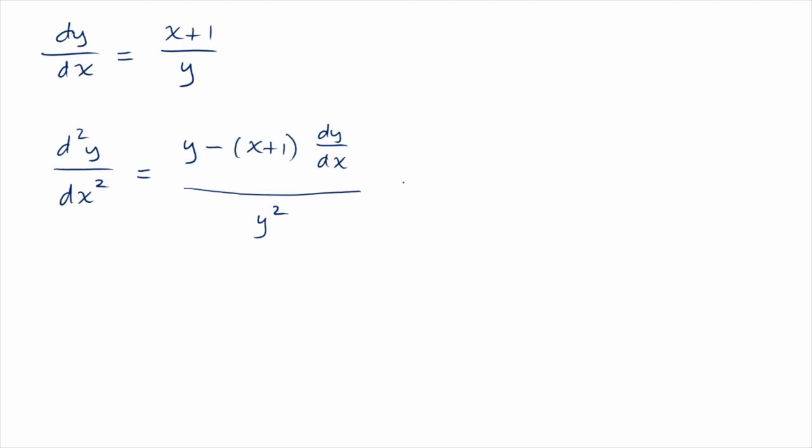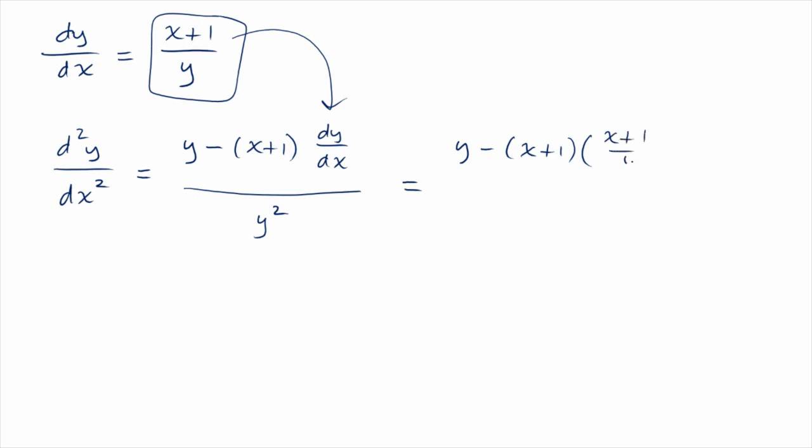Now we'll make a substitution. We know that dy/dx is equal to this expression, so we'll substitute that in for dy/dx, giving us y minus the quantity x plus 1 times x plus 1 over y, all of that over y squared.